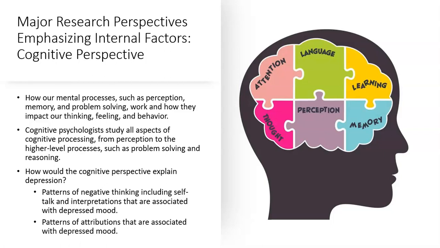Just to expand the example, a cognitive psychologist may be very interested in the way in which people with depressive illness tend to think. For example, it's a well understood pattern in depressive illness that people with depression tend to exhibit pretty reliable patterns of negative thinking.